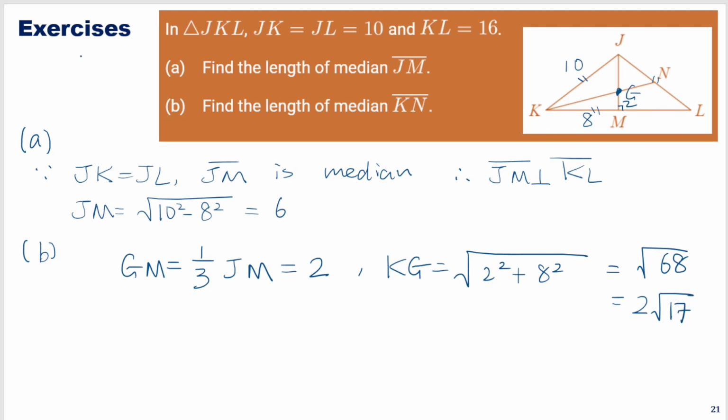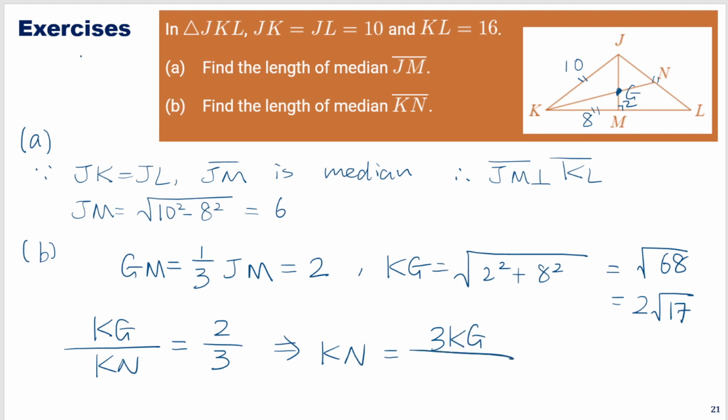And because KN is also a median and G is a centroid, KG over KN should equal 2 over 3. Therefore, we can find KN equals 3 KG over 2, which is 3 square root 17, right?